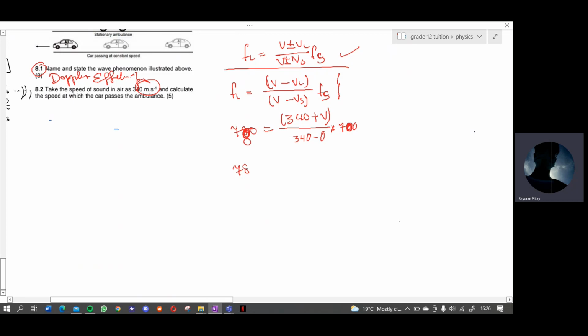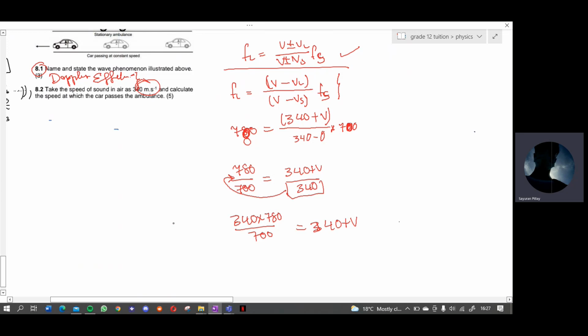So we say 780 divided by 700 equals (340 plus v) divided by 340. So this is our denominator, and we can just multiply it across. We say 340 times 780 divided by 700 equals 340 plus v.